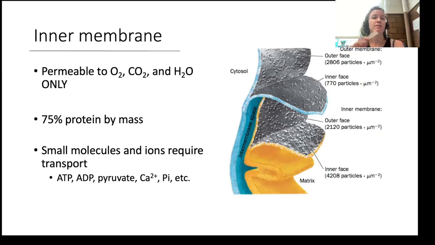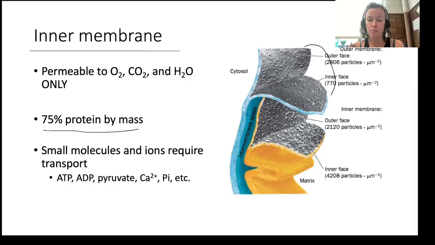Now the inner membrane is very different, okay? The inner membrane is permeable only to two gases and water: oxygen, CO2, and water. That means almost nothing is passing through this membrane. So how do things get inside the mitochondria or out? Through proteins. The inner membrane is 75% protein by mass, and we have imaged this again with electron microscopy.